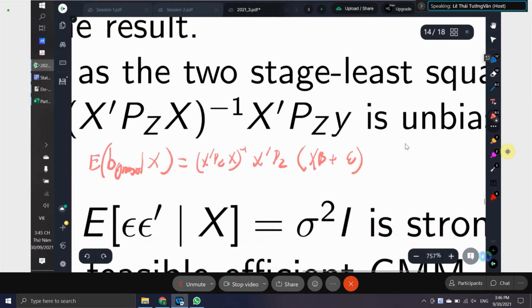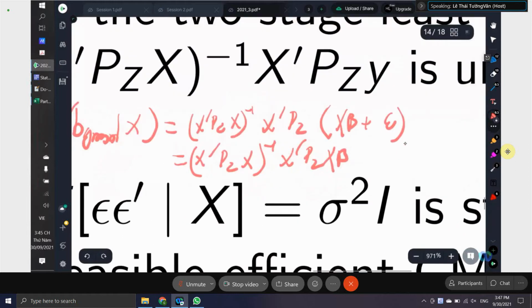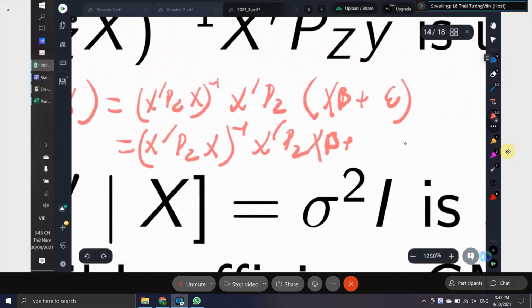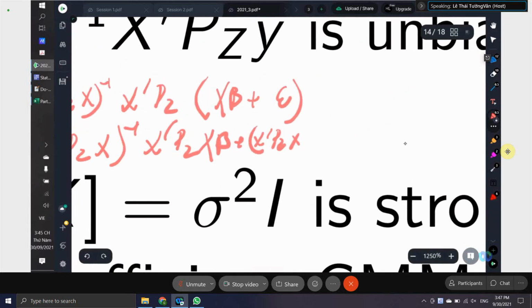So it will be equal to (x prime Pz x) to the minus 1, x prime Pz x beta, plus (x prime Pz x) to the minus 1, x prime Pz epsilon.